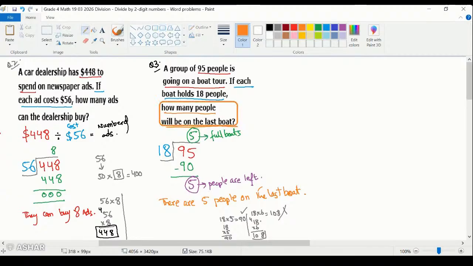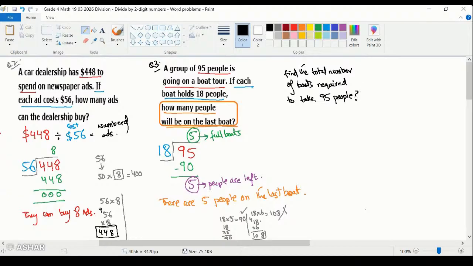Okay. If I continue with the same question and I say, find the total number of boats required to take 95 people.